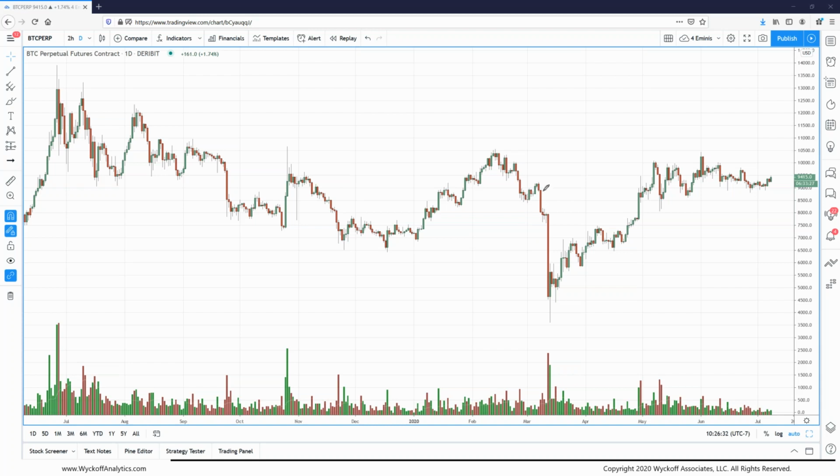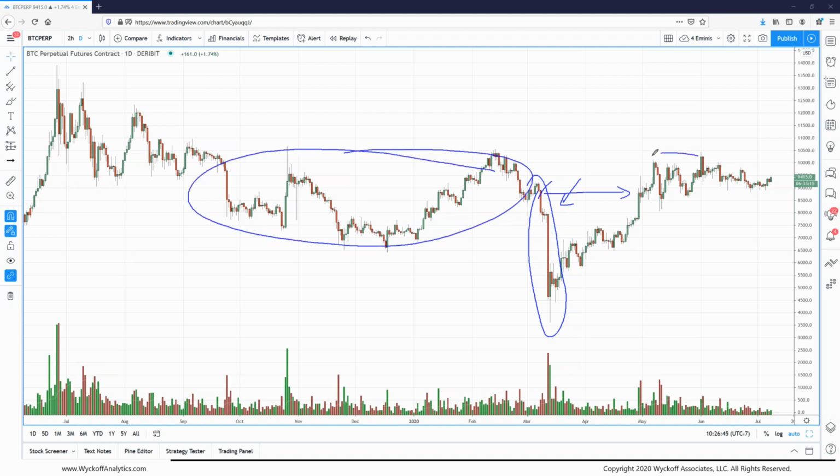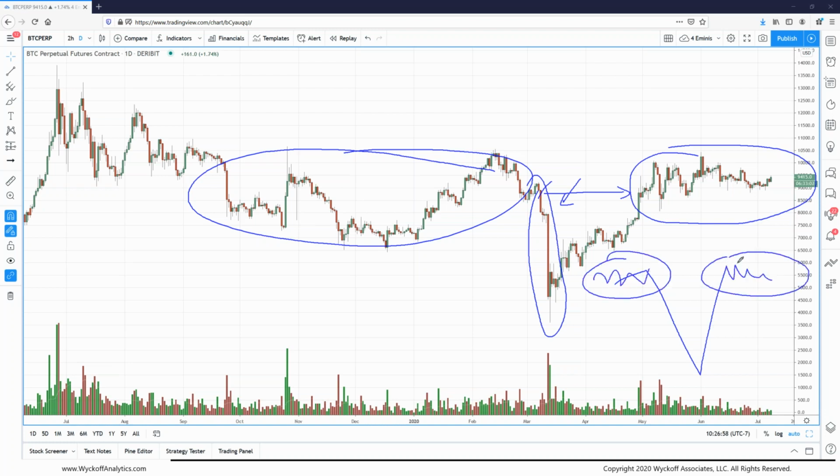Well, after this shakeout, which we could call a source of funding, a source of liquidity, the price quickly comes back to the value zone, which was basically this area right here, and then it just rests. And that's a very typical pattern when you have an extremely oversold condition, and then the price comes back to the previous area of consolidation, and then it consolidates before it goes up.